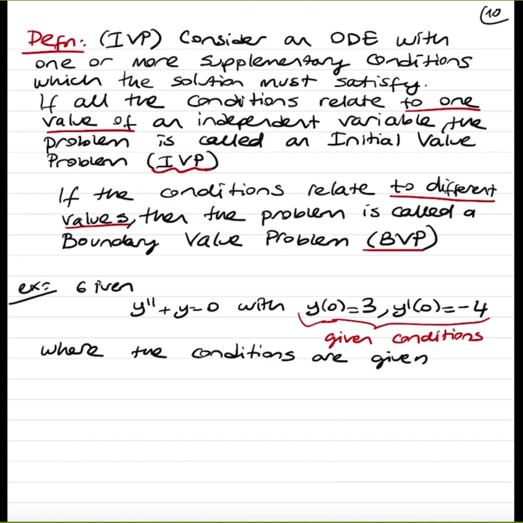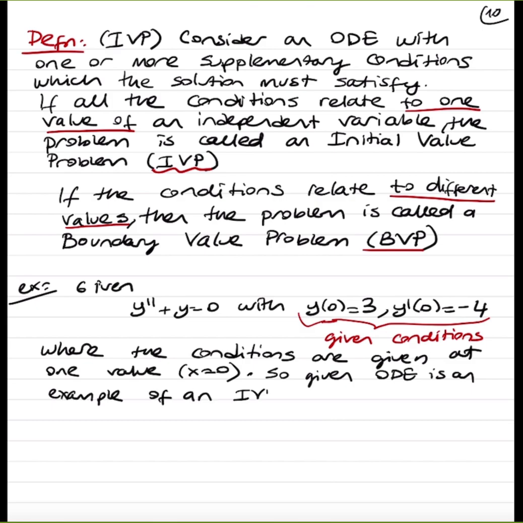Okay, let's say we have the conditions y(0) is equal to 3, y prime (0) is equal to minus 4, given at one value, which is x is equal to 0. So this differential equation is an example of an initial value problem.